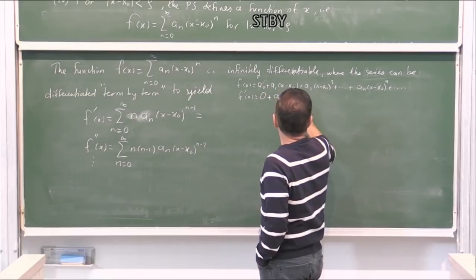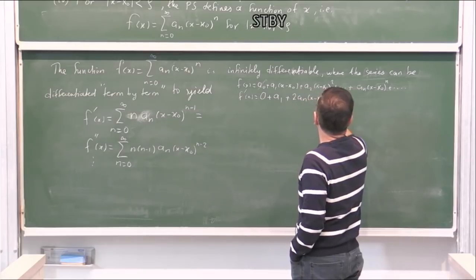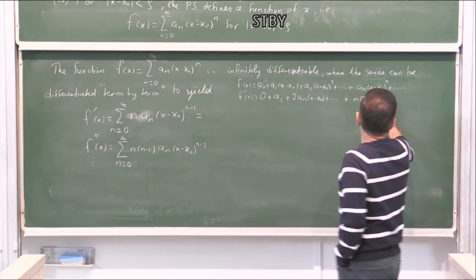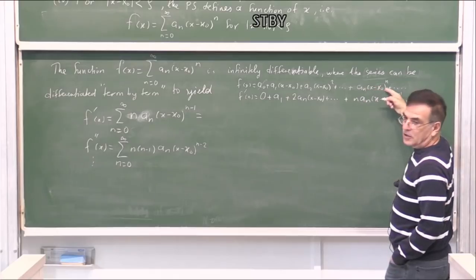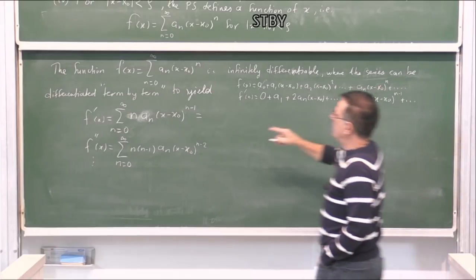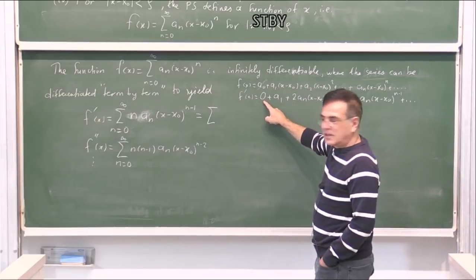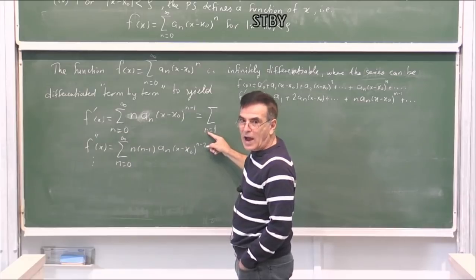Then a1, then 2 a2 (x minus x0), and n times a_n (x minus x0) to the n minus 1. The derivative of the general term. So as you see, the first term vanishes. So you may start the series from 1 if you want.